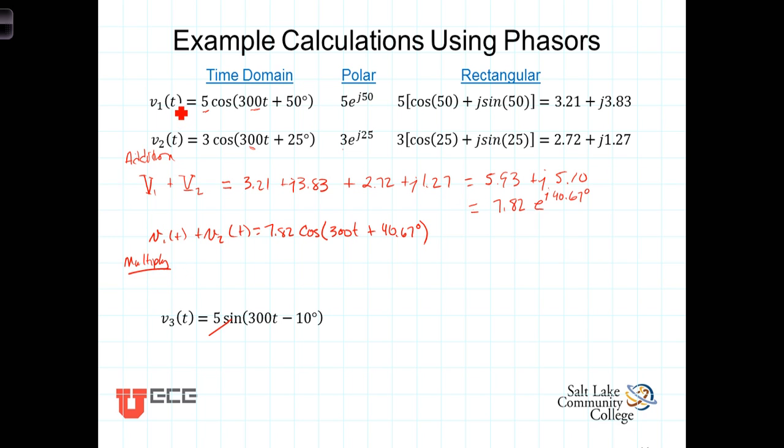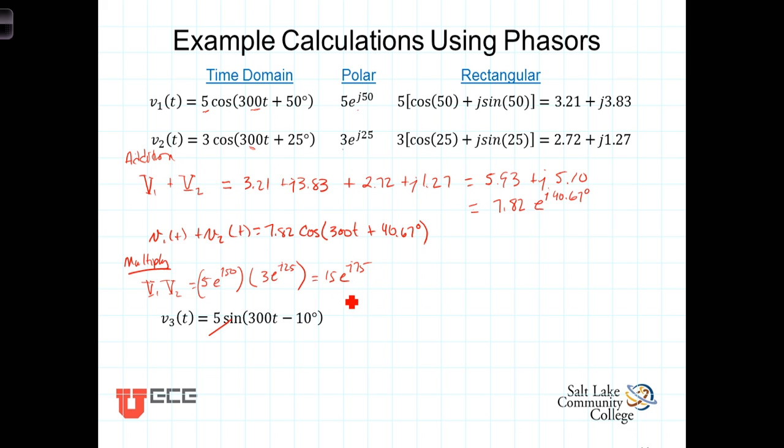Now let's look at multiplying. We want to multiply V1 of t times V2 of t. We're going to do that using the phasors. So we'll multiply phasor V1 times phasor V2, which is 5e to the j50 times 3e to the j25. When multiplying things like this, it's just the coefficients, 5 times 3 is 15, and then we add the exponents, e to the j75.